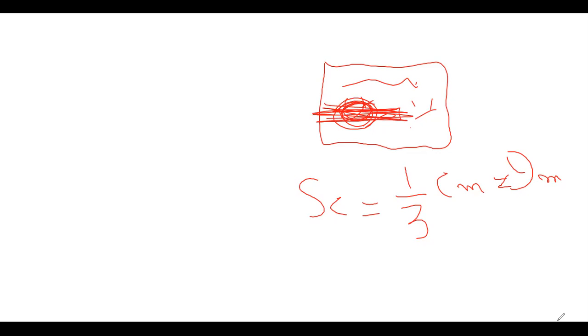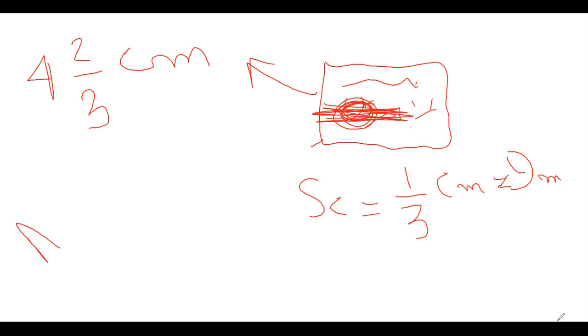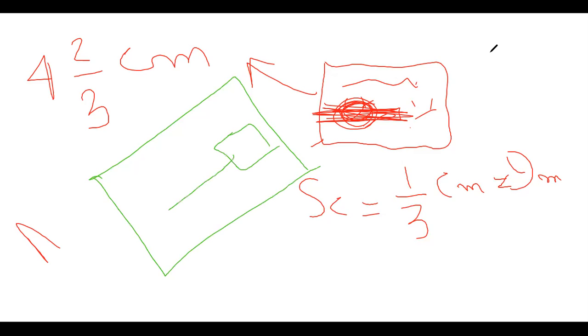If a hallway shown on the blueprint is 4 and 2 by 3 centimeters, so this is all about the blueprint of the actual building. Let me say this is the actual building, and there is somewhere the hall. So what is the actual length in the finished building?